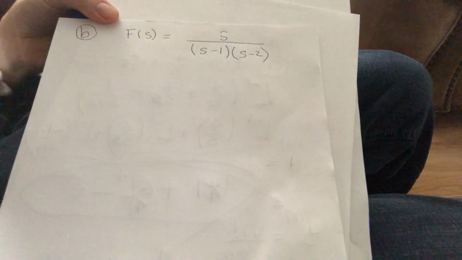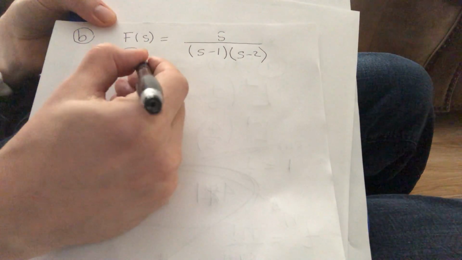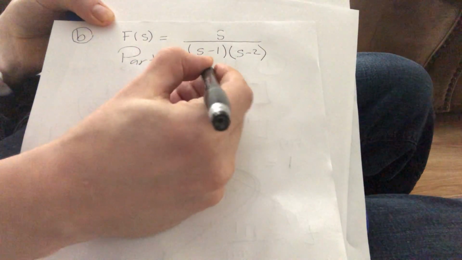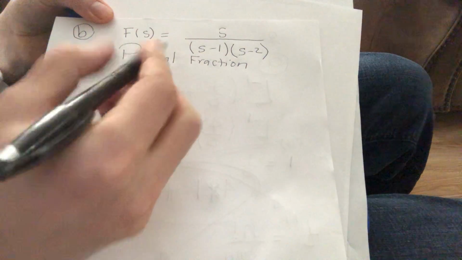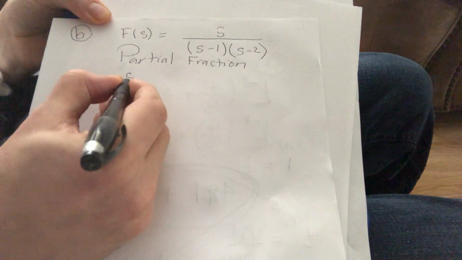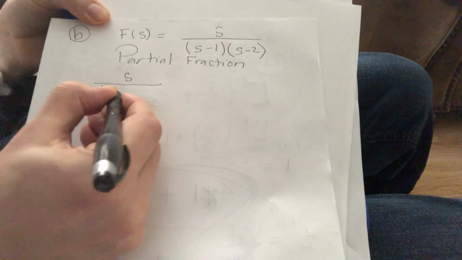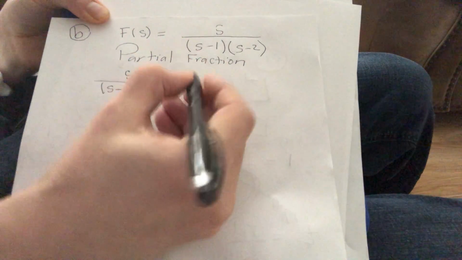We can do the idea of partial fractions, and you took that in calculus 2. So you have s over s minus 1, s minus 2.